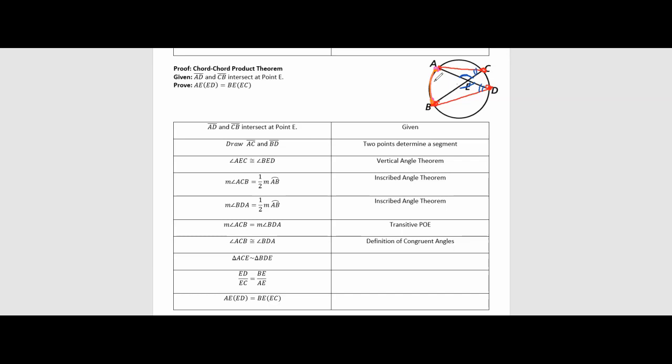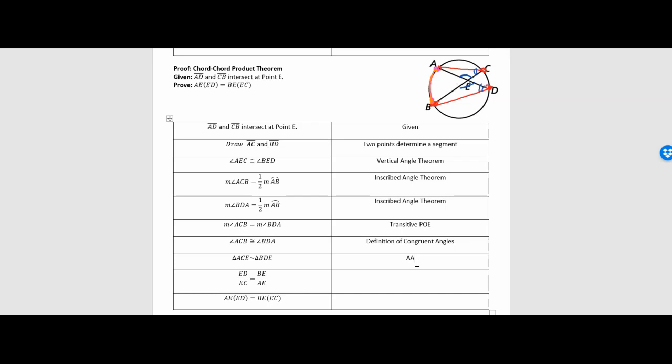Well, now I notice that those two triangles share two sets of congruent angles. So by the AA property of similarity, they are similar. And if two triangles are similar, I can say that their corresponding sides will have the same ratio.